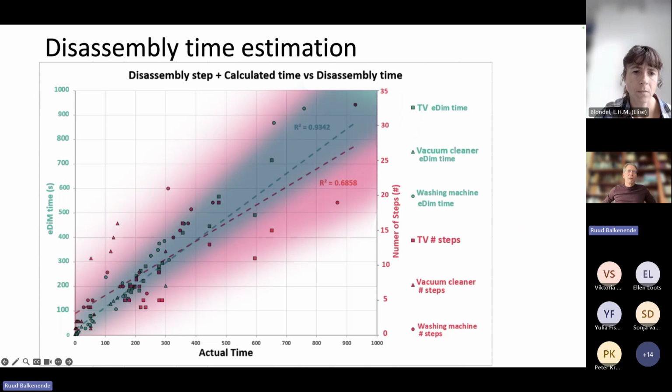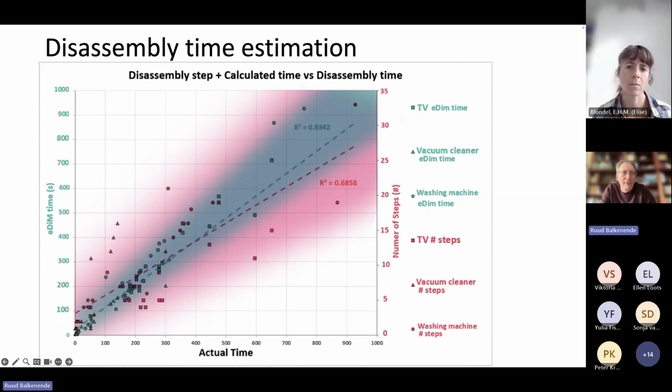And then here in this graph, you see in the greenish, bluish circles, squares and triangles, products assessed by the proxy time, and the red indicators are the same products but assessed by the step method.